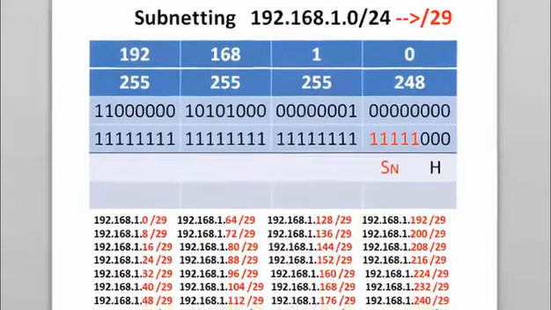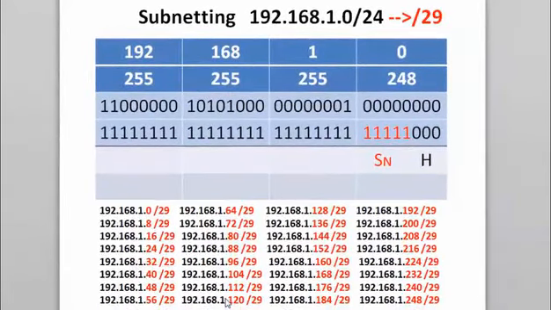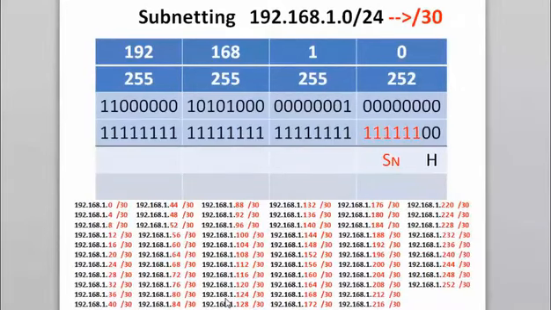Borrowing 5 bits looks like this, and borrowing 6 bits looks like this. I've now borrowed 6 bits from the original 8-bit host portion of the original /24 network, and I now have 2 to the 6th power of possible subnetworks, meaning I have 64 subnets.